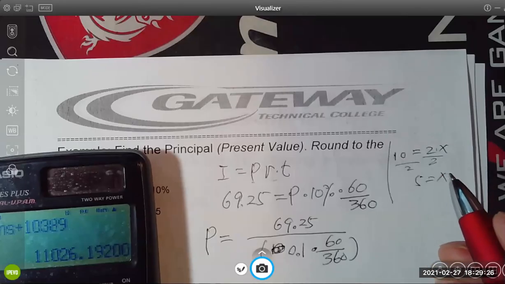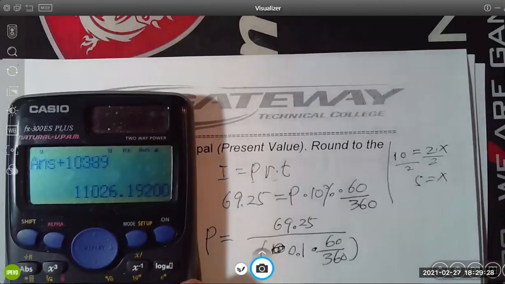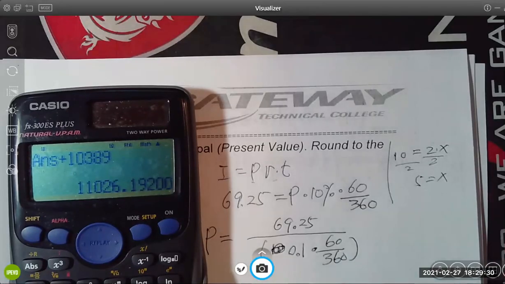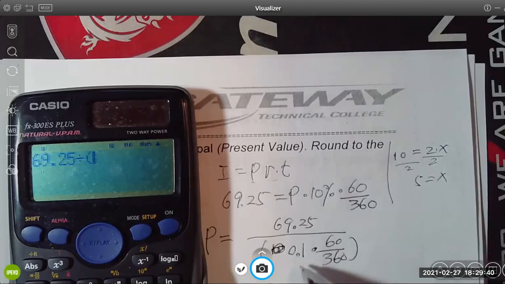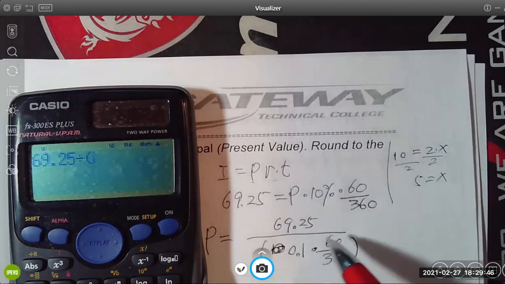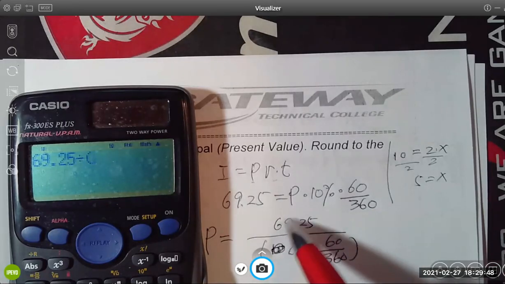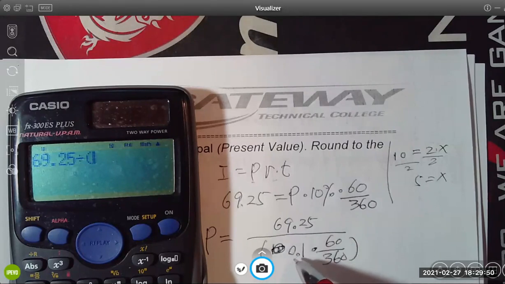They just don't display that many. So look at how I do this one. This way we don't have any error beyond 1 cent. 69.25 divided by, make sure you use parentheses so that the calculator will do this part of the calculation first to get a single number, then do the division. Without parentheses, the calculator will use this one divided by this, and then multiply the result by this. That's totally wrong.